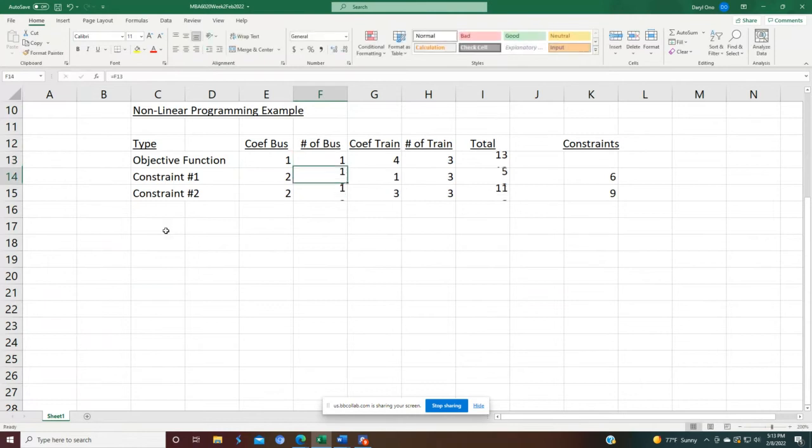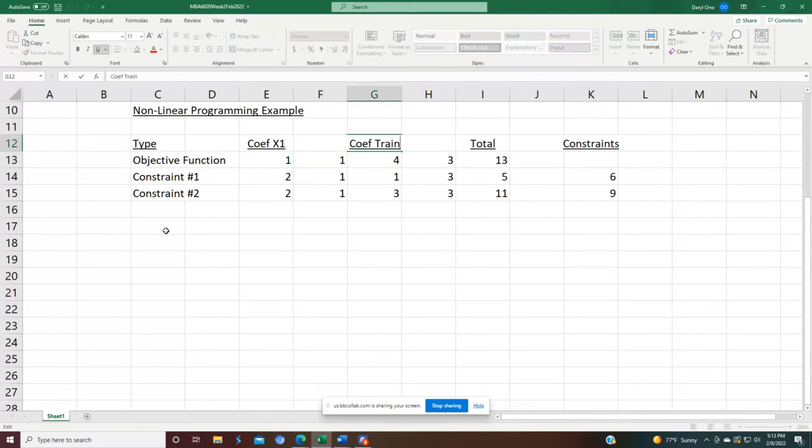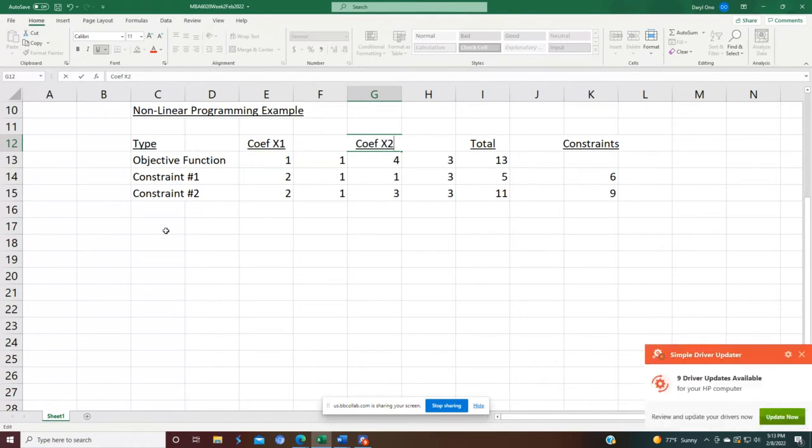So this is the coefficient for x1. This is x1. This is the coefficient for x2. And this is x2.